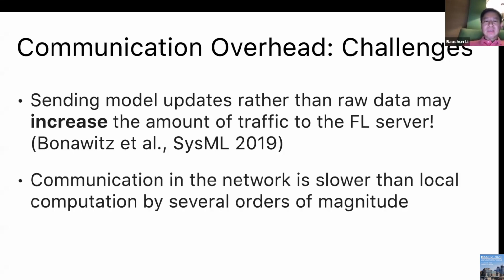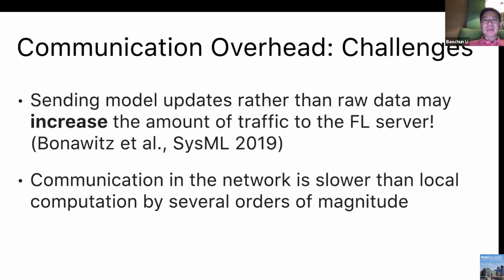And communication in the network is slower than local computation, by several orders of magnitude. So by combining these two reasons, we would like to be very careful when sending model updates to the server, because we're sending a lot of data, and sending data is quite slow. Because of these reasons, we want to reduce the communication overhead.